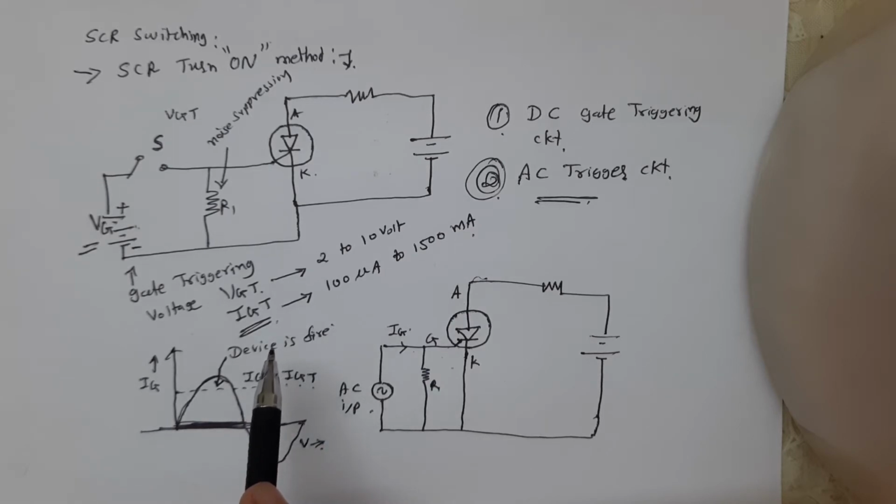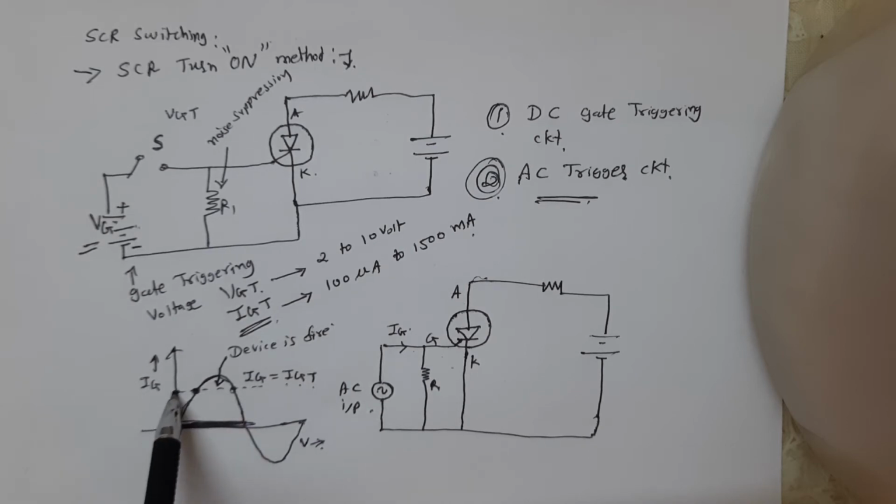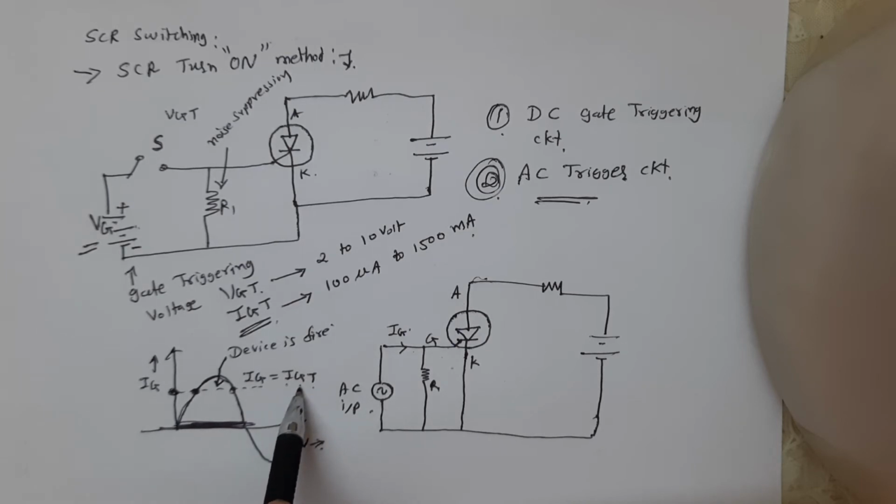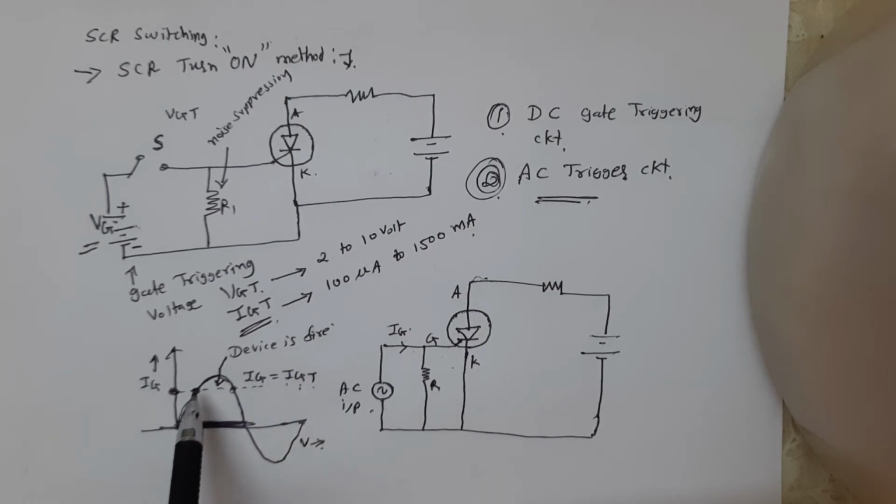During the positive half cycle, at some point the gate current IG is equal to IGT, the gate triggering current, and the device is turned on when the current reaches IGT and the SCR is in the on condition.